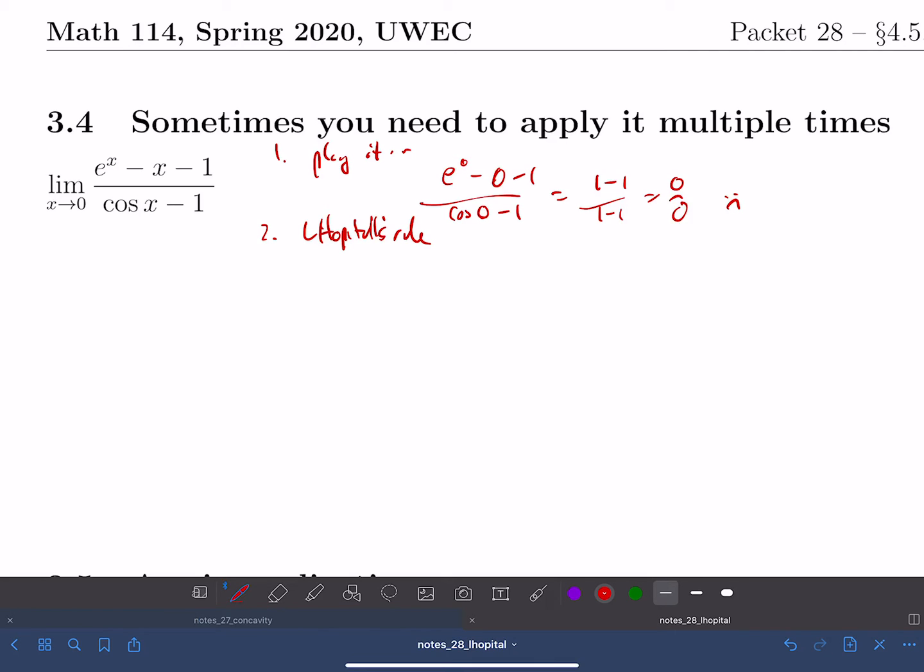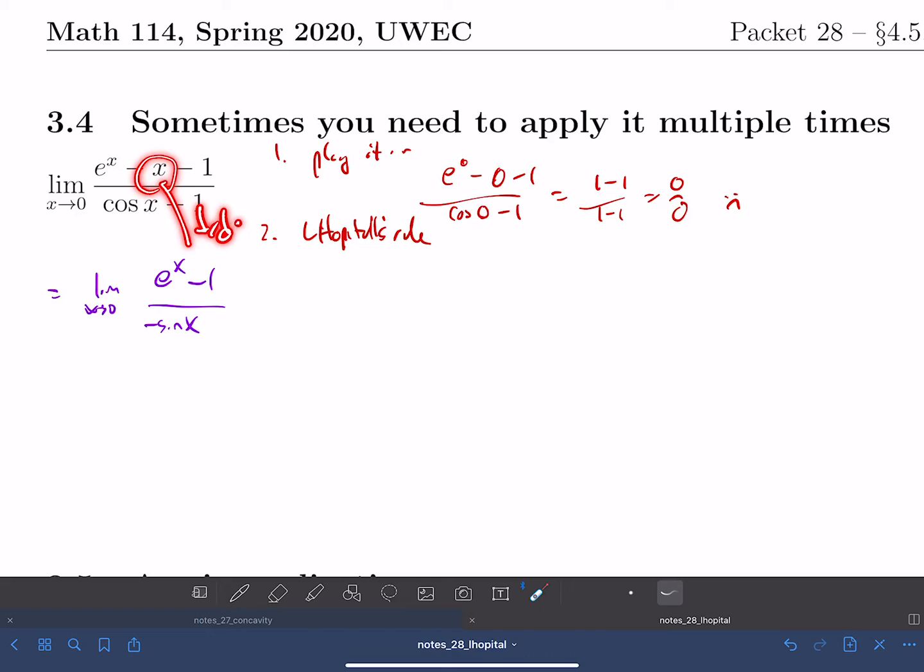L'Hopital's rule says that this is equal to the limit as x approaches 0 of e to the x minus 1 over minus sine of x. The derivative of that minus 1 is constant, 0. So this minus 1 right here came from that, right?